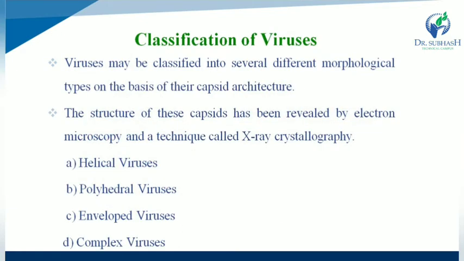Next is the classification of viruses. Viruses may be classified into several different morphological types on the basis of their capsid architecture. The structure of the capsid has been revealed by electron microscopy and a technique called X-ray crystallography.